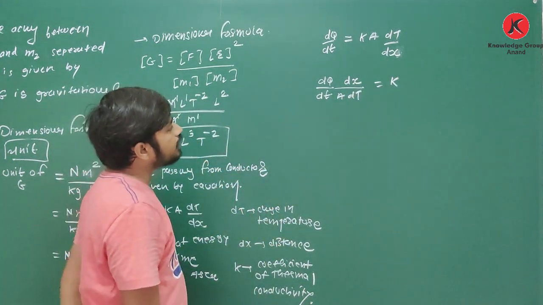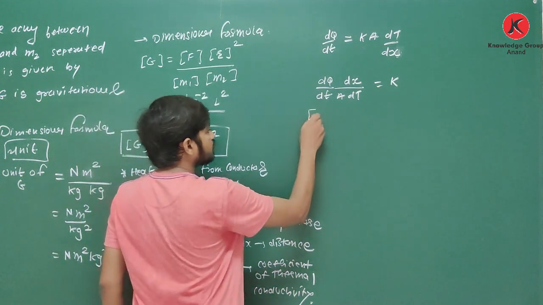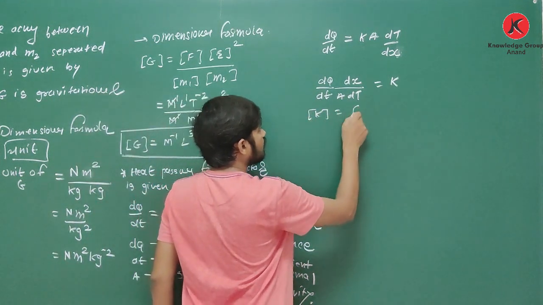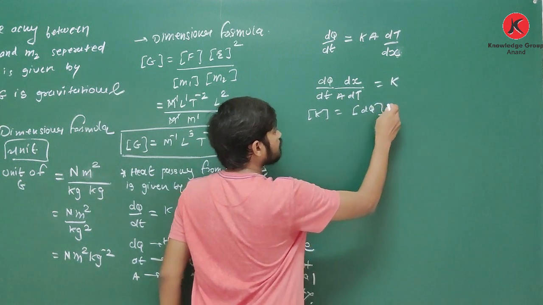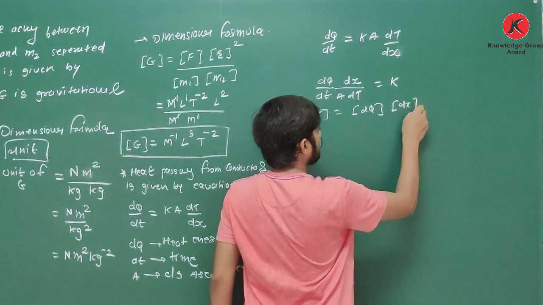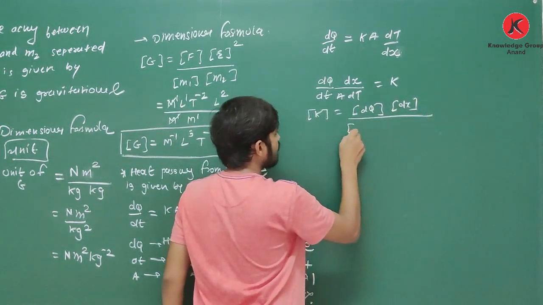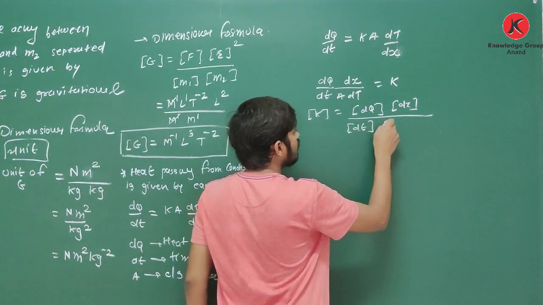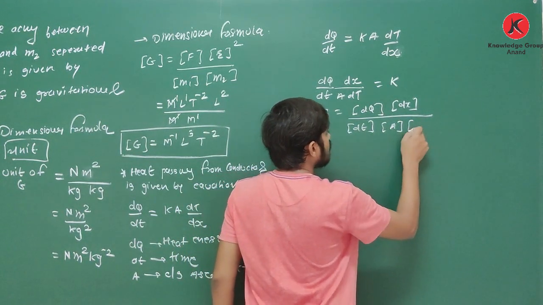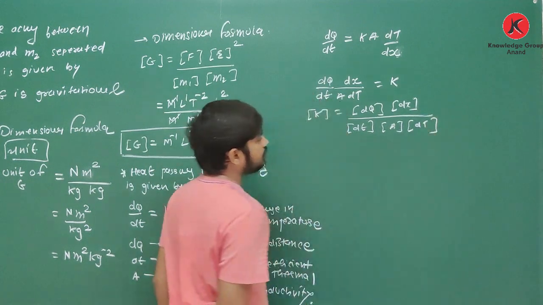Now how to find the dimensional formula of K? The dimensional formula of K is equal to the dimensional formula of dQ times the dimensional formula of dx, divided by the dimensional formula of dt, the dimensional formula of A, and the dimensional formula of dT.